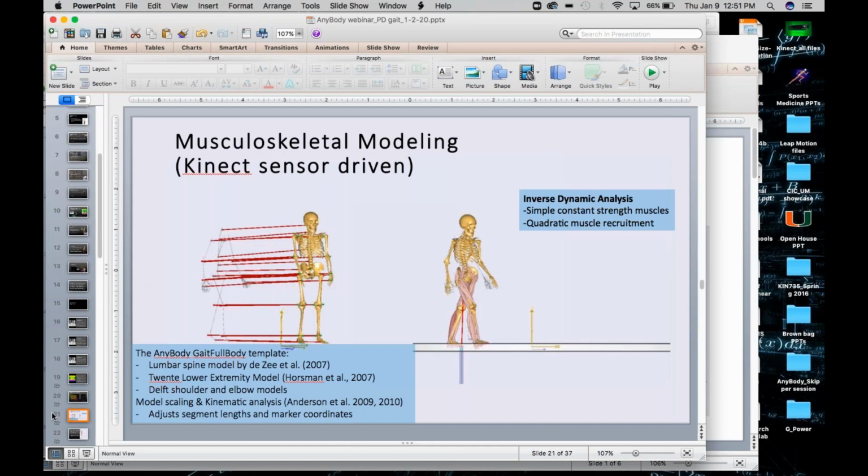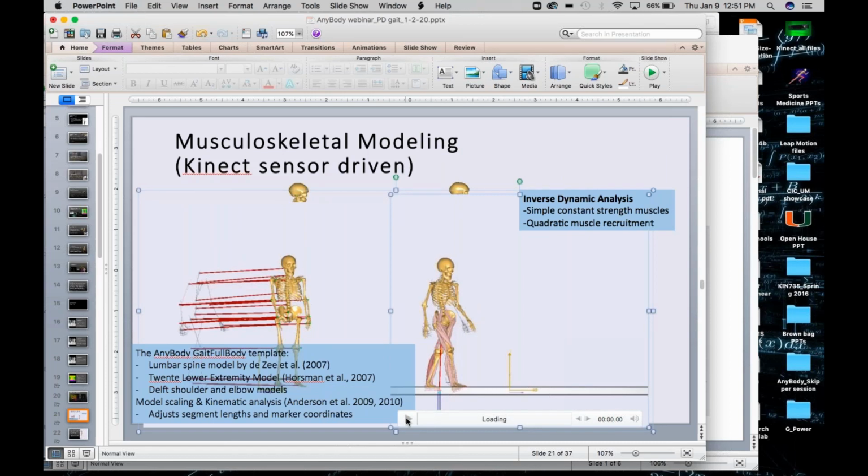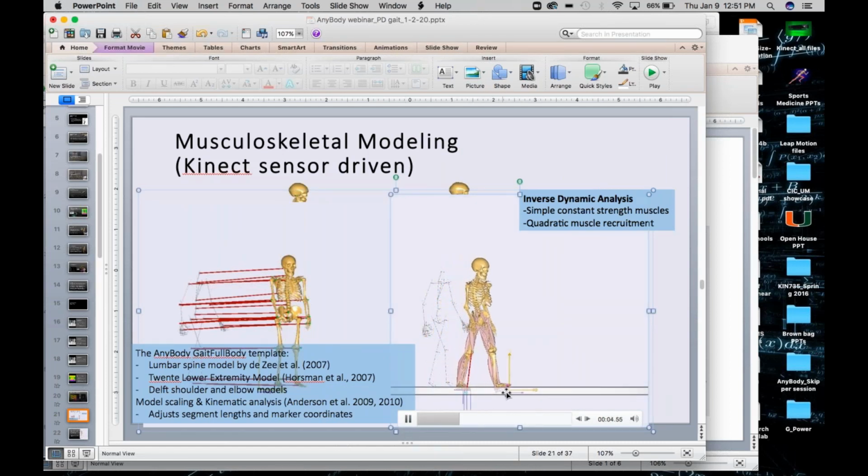As you can see here, I don't know if you can see the video now, but we have the prediction for both sides. So in a follow-up, we can compare both sides.